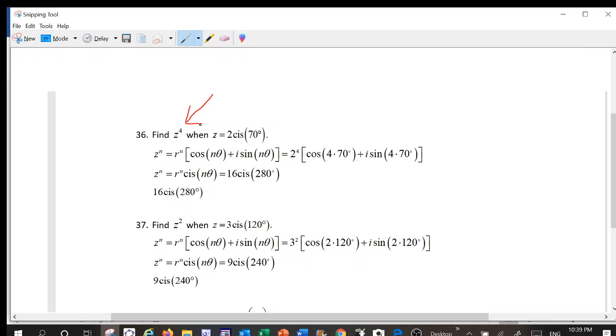So z is given in polar form, which is pretty good. Otherwise, we have to convert to this before we can use this formula. But it's given in polar form. So that would be just r, which is 2 to the 4th power, which is 16. And then we have to take the angle and multiply it by 4. So 4 times 70 is 280, and that's it. It's that easy.